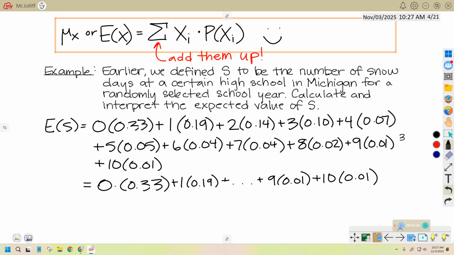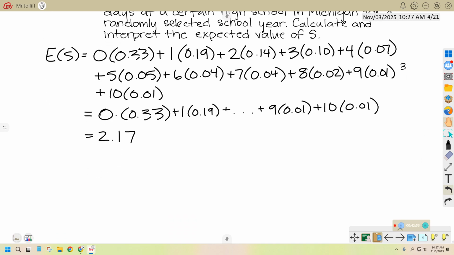I got 2.17. Caleb got 2.17. Now that I have my 2.17, what else do I need to do? Interpret the value. Very good. If it's FRQ, you should never just calculate, you should interpret. 2.17 what? Snow days on average.